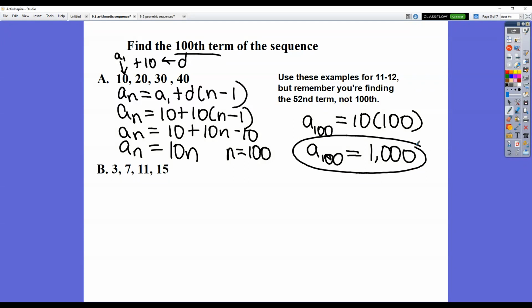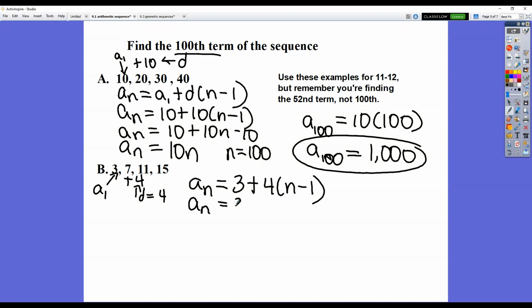Okay, next example. First term, a sub 1 is 3. D is 4. So then I write a sub n equals 3 plus 4 times n minus 1. Distribute. Okay, combine like terms.